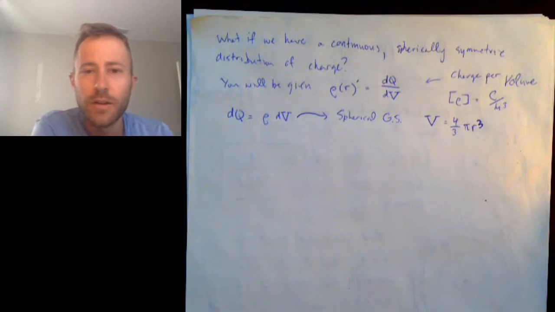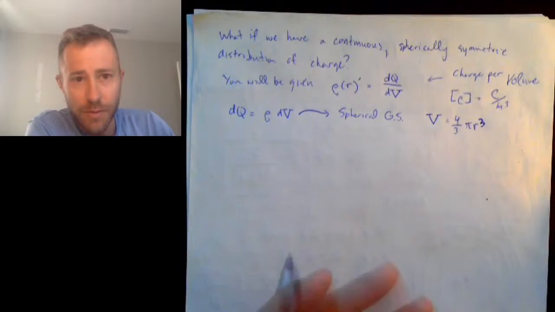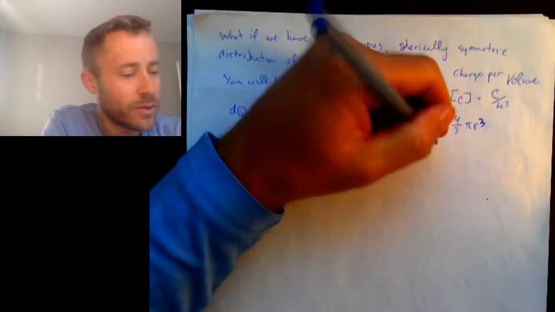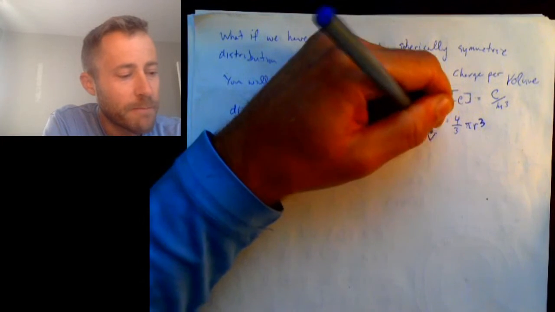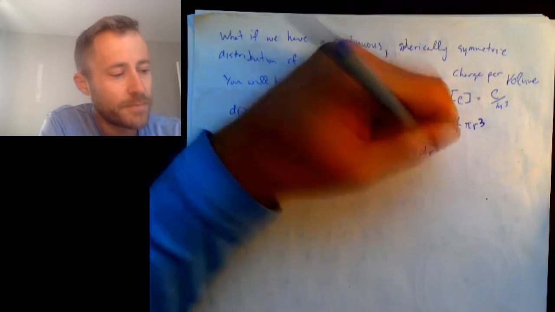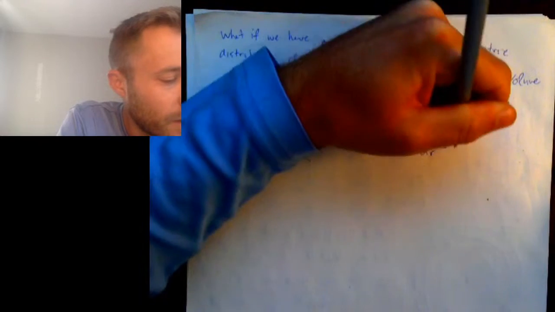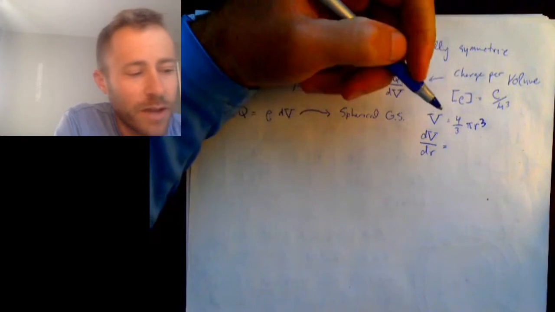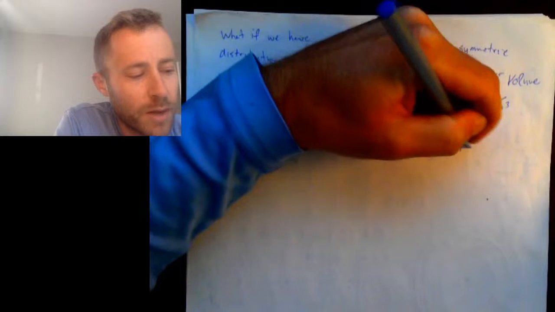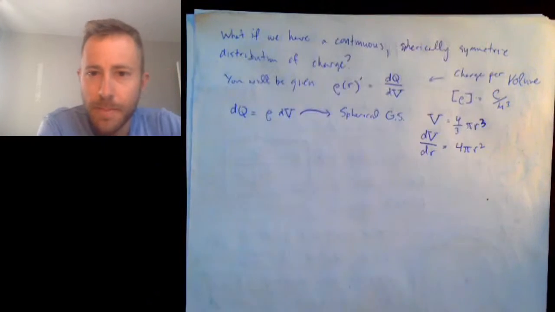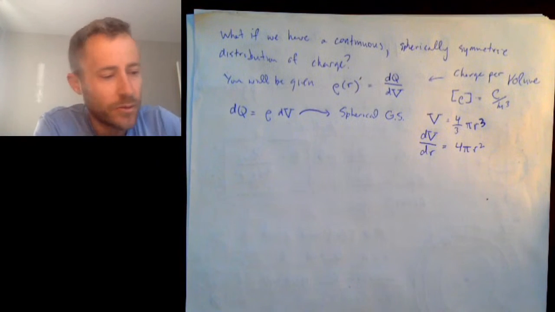All right. So taking the derivative of that equation gives us dV/dr equals 4 pi r squared, because you bring the 3 down.